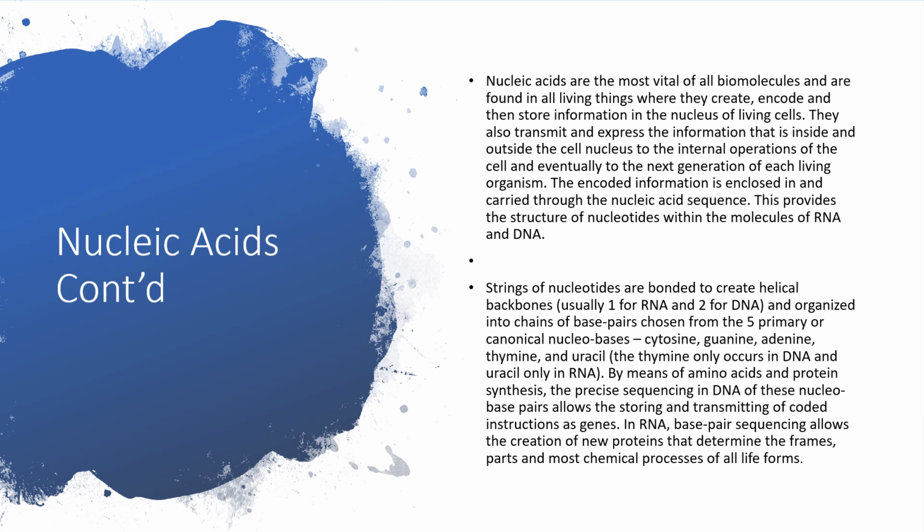By means of amino acids and protein synthesis, the precise sequencing in DNA of these nucleobase pairs allows the storing and transmitting of coded instructions as genes. In RNA, base pair sequencing allows the creation of new proteins that determine the frames, parts, and most chemical processes of all life forms.